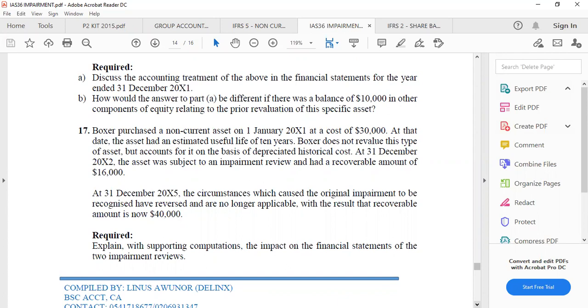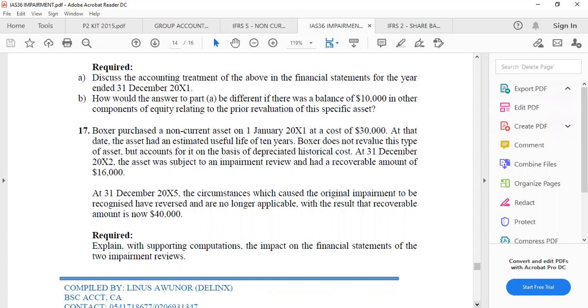At 31st December 2002, the asset was subject to an impairment review and had a recoverable amount of $16,000. At 31st December 2005, the circumstances which caused the original impairment to be recognized have reversed and are no longer applicable, with the result that the recoverable amount is now $40,000. Required: explain with supported computations the impact on the financial statements of the two impairment reviews.